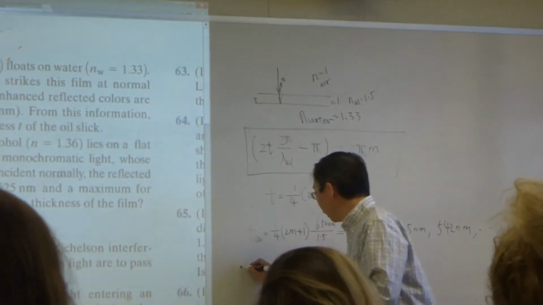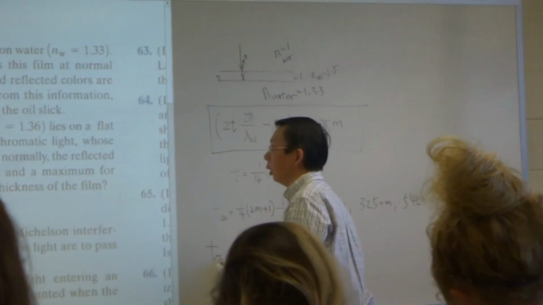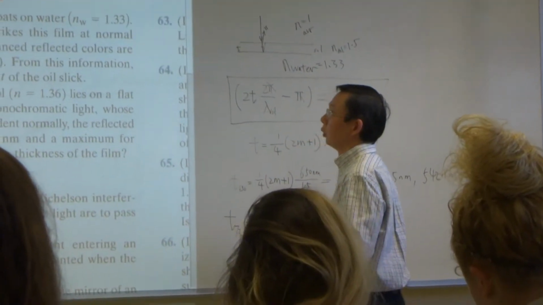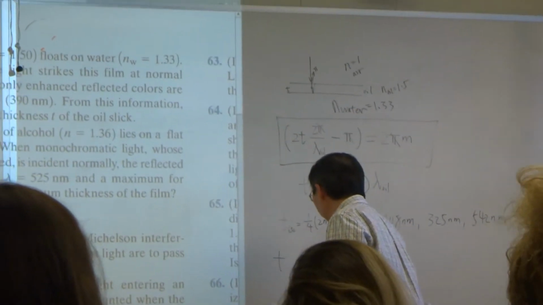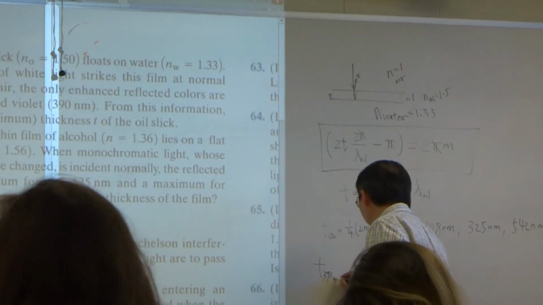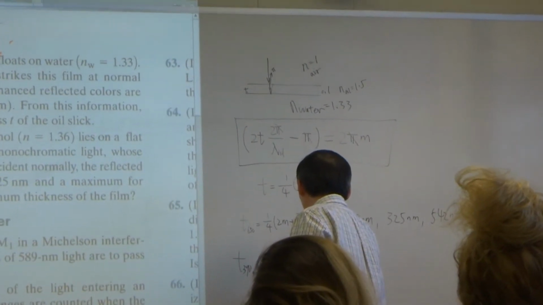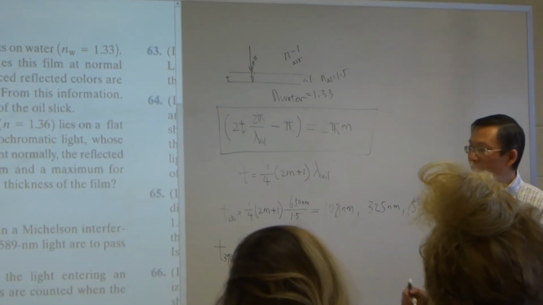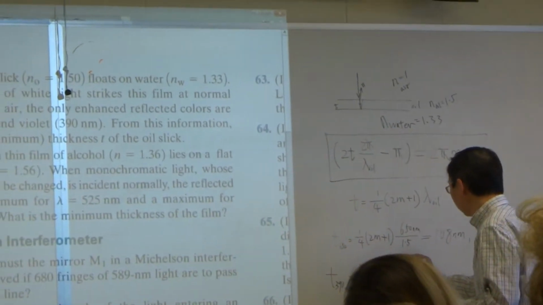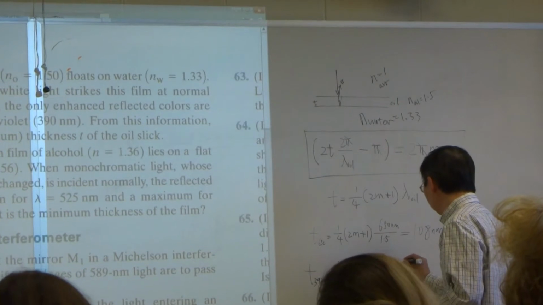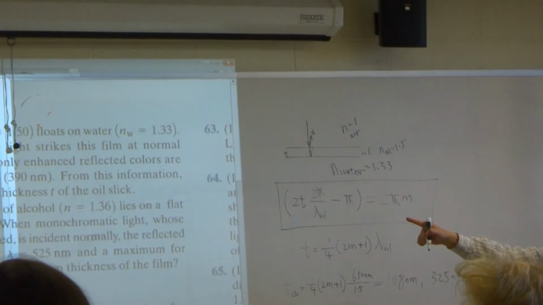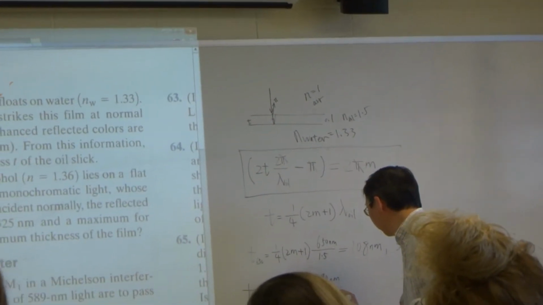Then similarly for the second wavelength, 390 nanometers. Still this formula, but the wavelength should be the violet in the air, 390 nanometers, divided by the index of the oil, 1.5.